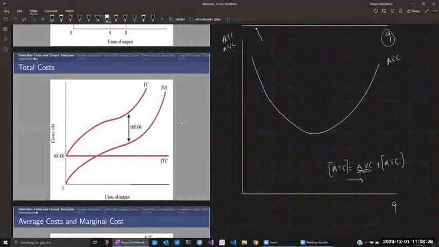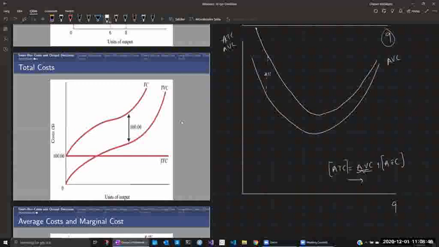And it actually is a curve that gets closer and closer to the average variable cost, right?